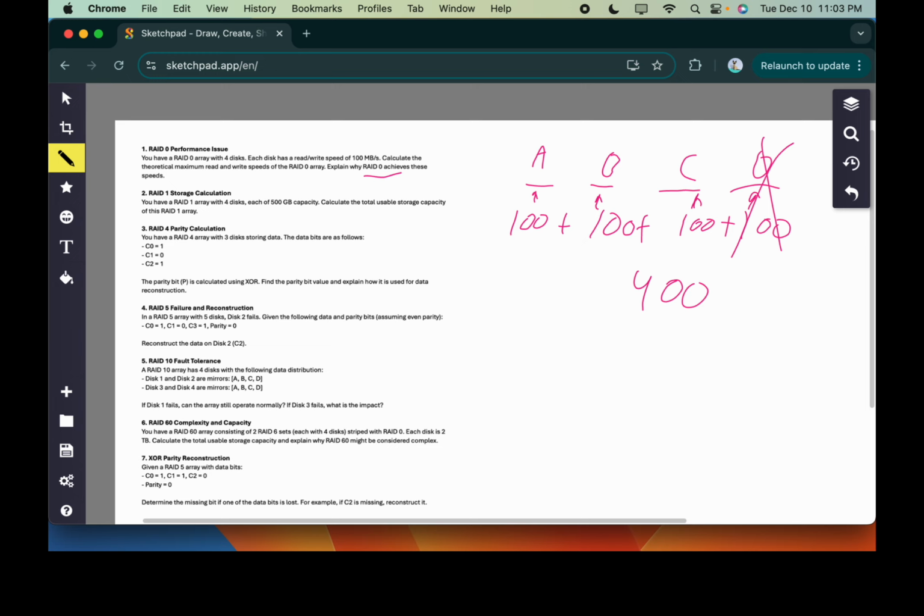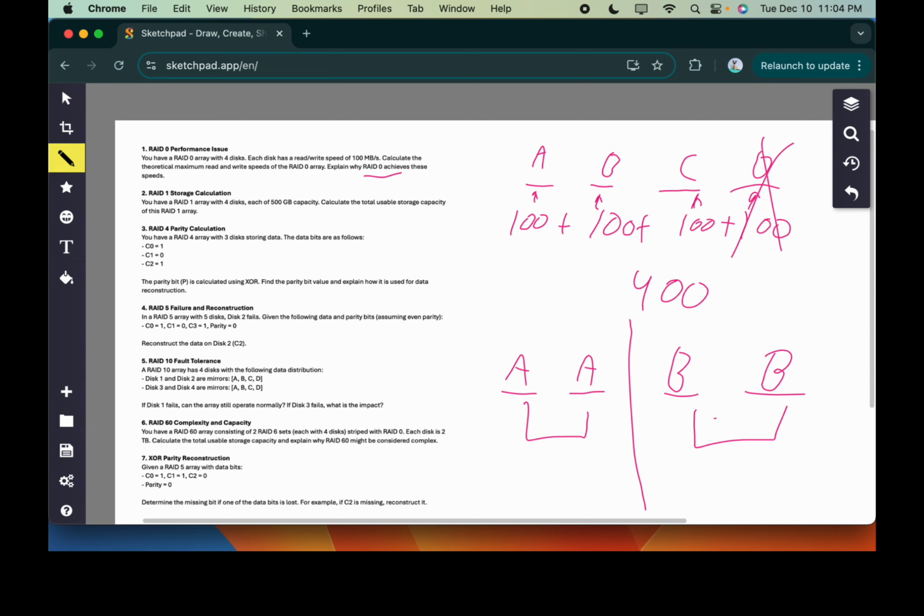Question 2. You have a RAID 1 array with 4 disks, each of 500 gigabytes capacity. Okay, this one, the answer is wrong in the answer key. He said that the way we're treating RAID 1 is split down the middle. These are mirrors, these are mirrors. The way that they were treating it was one disk and everything else is a mirror of it.